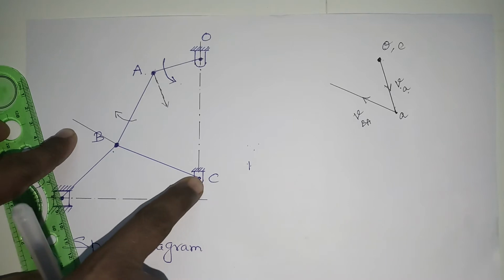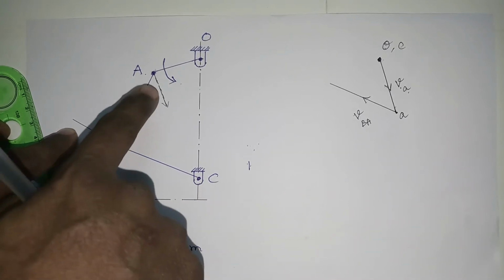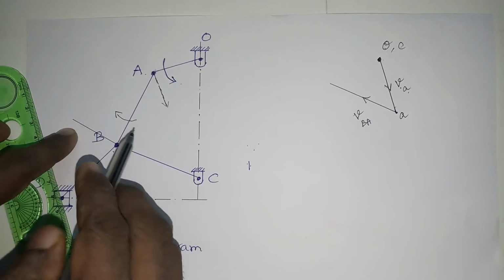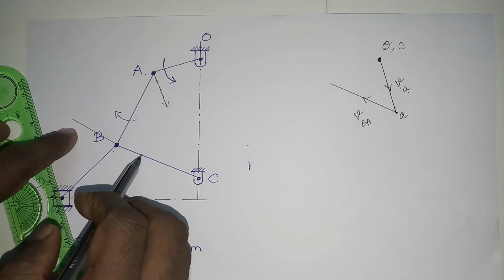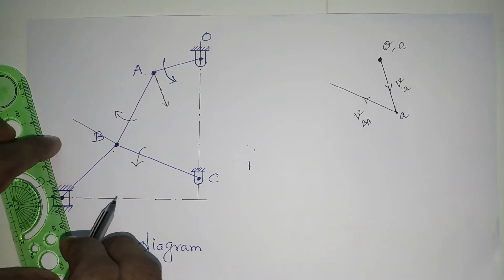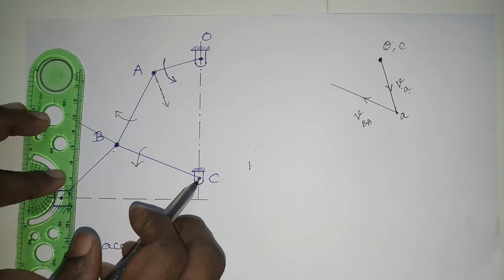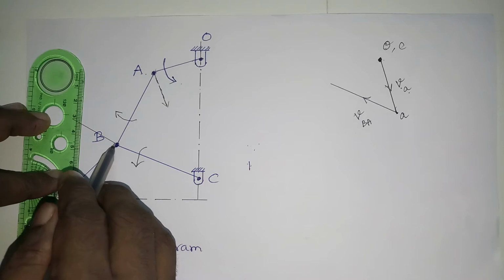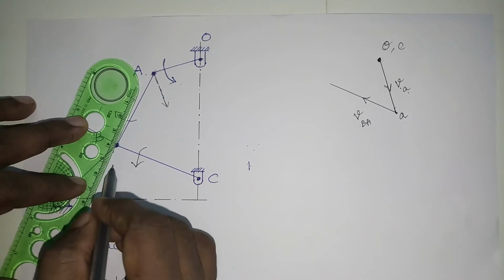Next, consider the link BC. This one is fixed, so your velocity will be acting here only. Since this AB link is rotating in anti-clockwise, this is clockwise, so this will be rotating in anti-clockwise direction. So the velocity of B with respect to C will be acting perpendicular in this direction.